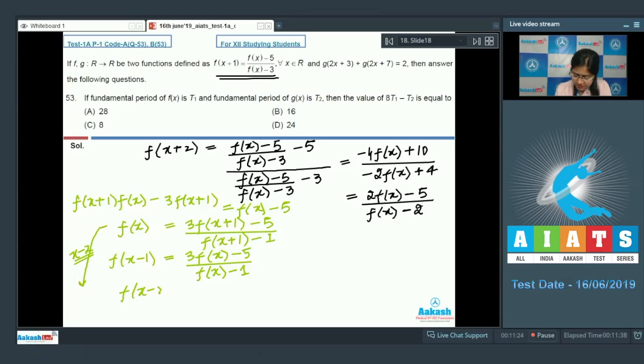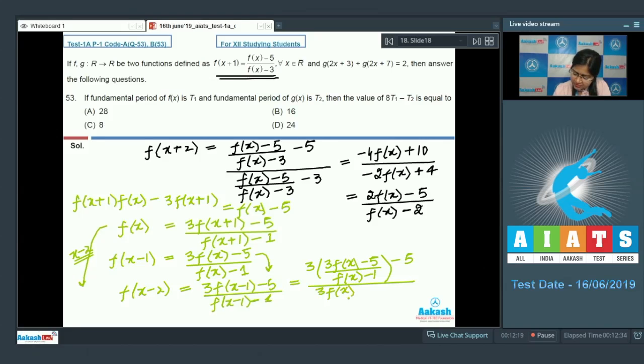Now in this equation, let's replace x by x-2. So we will get f(x-2) equal to (3f(x-1) - 5)/(f(x-1) - 1). So let's put the value of f(x-1) from here in this. It will be equal to (3(3f(x) - 5)/(f(x) - 1) - 5)/((3f(x) - 5)/(f(x) - 1) - 1), right?